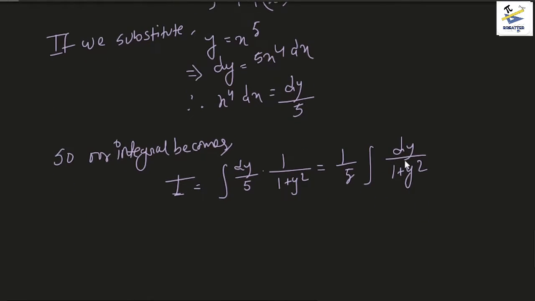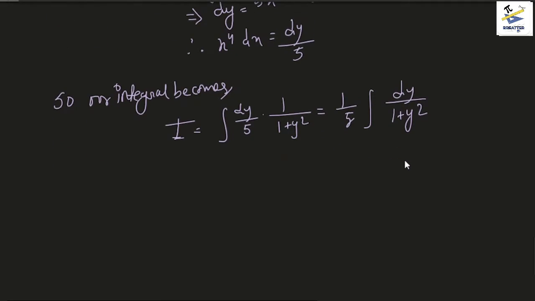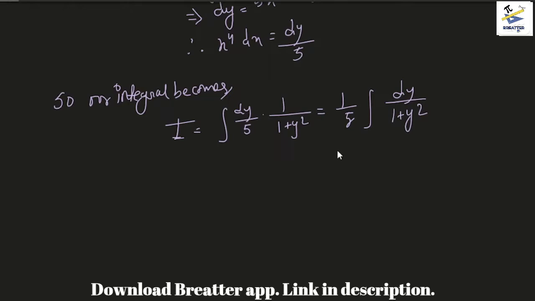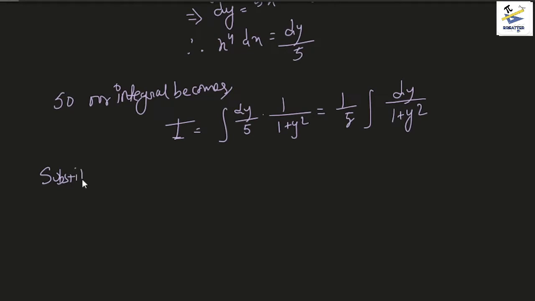Now since we already know the integral of 1 by 1 plus y square is tan inverse y, but if we hadn't known that, we can use trigonometric substitutions in problems where we have something of the form 1 plus x square or 1 plus y square in the denominator or in the numerator. Because if you substitute, and remember, obviously you can make as many substitutions as you can.